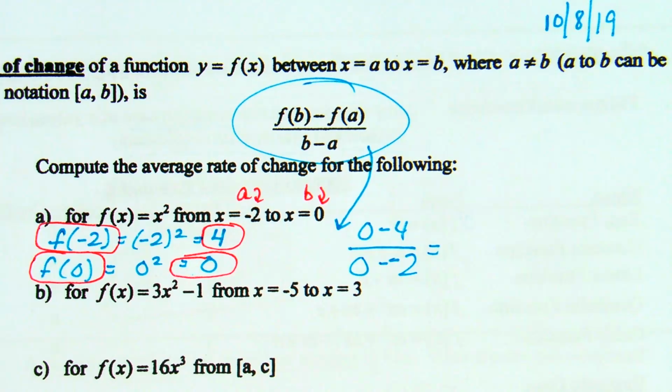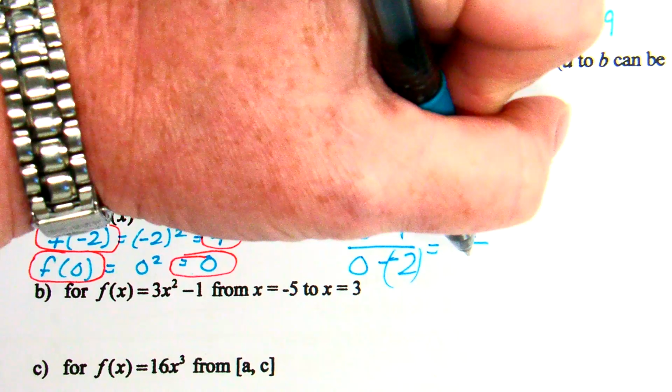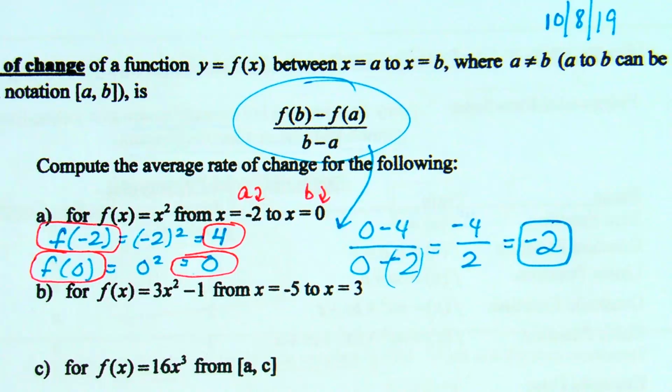So 0 minus 4 is negative 4. 0 minus negative 2 is plus 2. Negative 4 divided by 2 is negative 2. So average rate of change here is negative 2 on that interval. You don't have to put that in anything else, it's just negative 2.